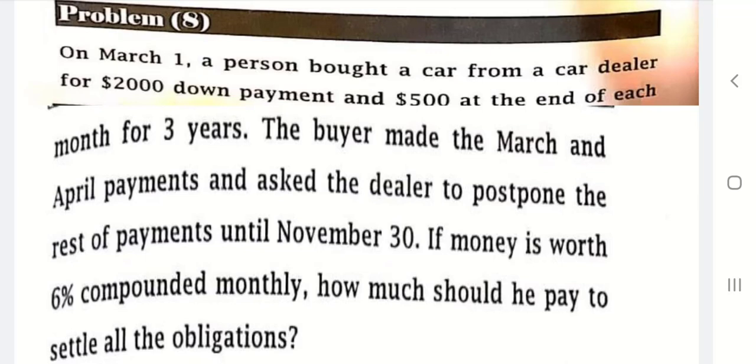How many payments will he postpone? He paid March, April, so there is May, June, July, August, September, October, and November. So there are 7 annuities.